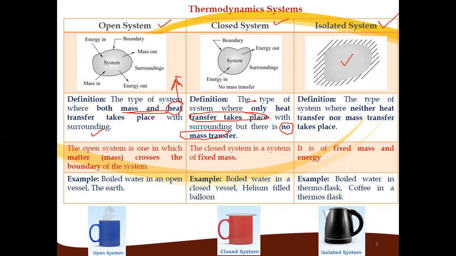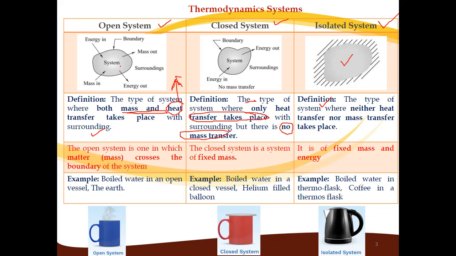And the third one is the isolated system, where neither heat transfer nor mass transfer takes place, or neither energy transfer nor mass transfer takes place. So these are the three types of thermodynamic system: open system, closed system, and isolated system.